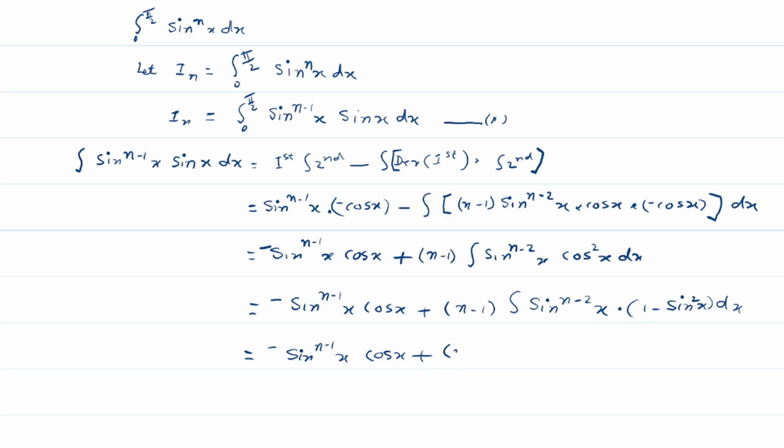So we will get n minus 1 times the integral of sine raised to n minus 2 x dx, minus n minus 1 multiplied by this, multiplied by sine square.